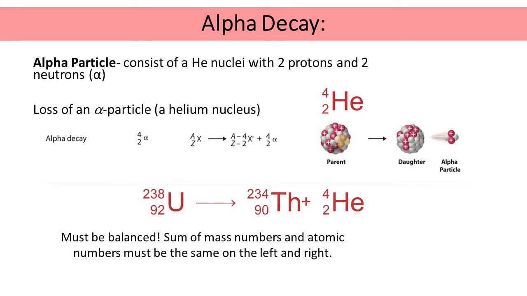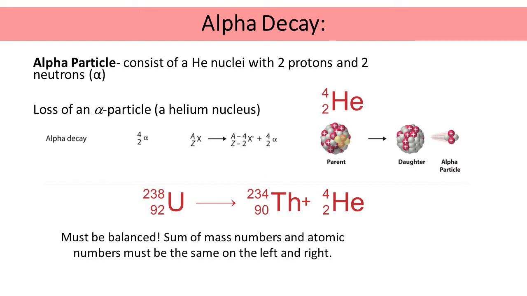So basically, the loss of alpha particle, which is the helium nucleus, as you can see in this diagram, you have uranium-238 and it decays into thorium and helium. What can you see in the picture? They are both balanced. What's the atomic mass?